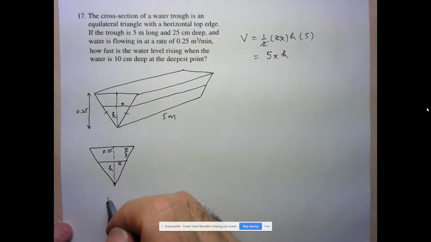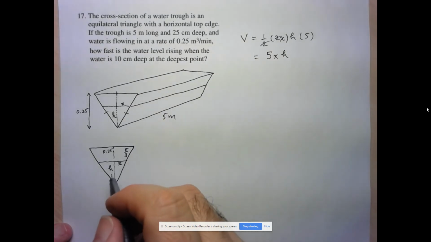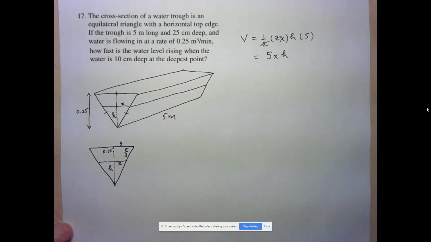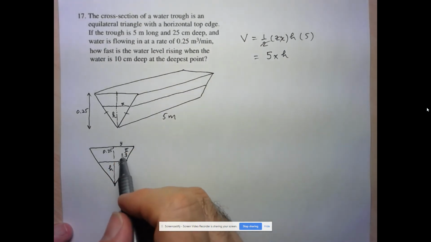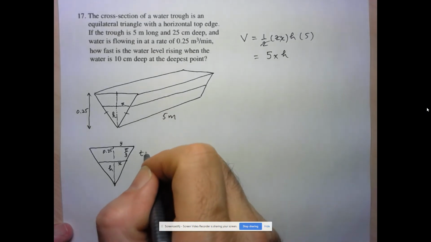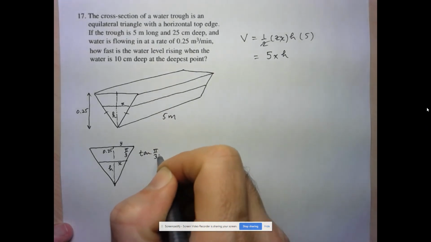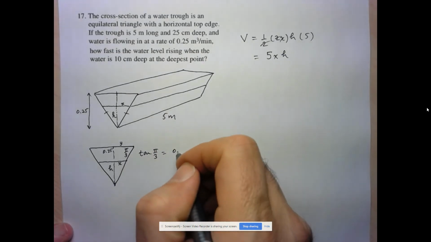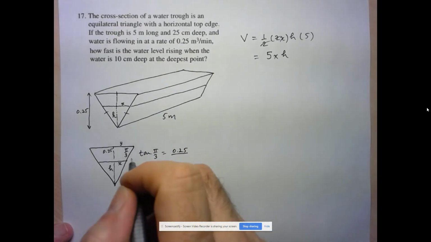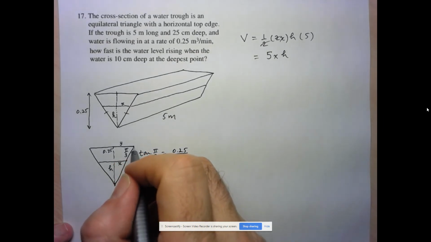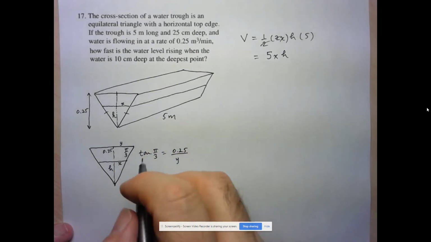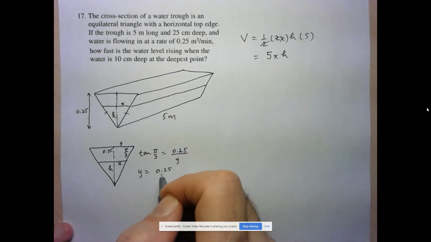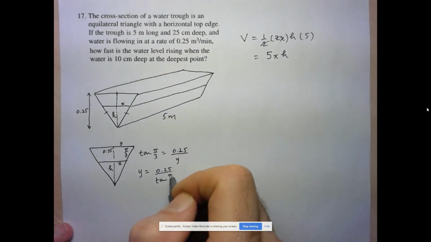So all I have to do now is use a little trigonometry. Here I'll call this y up here, and I realize I can use tangent. I have that tan of pi over 3 is equal to the opposite side, which is this 0.25, over this adjacent side, which is y. So y is just going to be equal to 0.25 over tan of pi over 3.